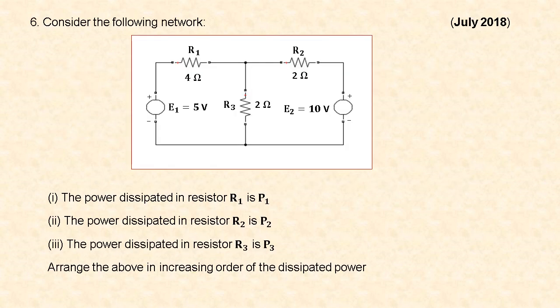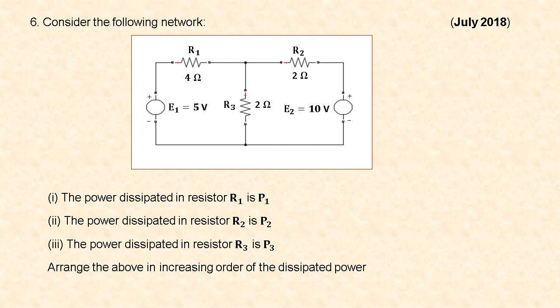Next question. This question was asked in July 2018. Consider the following network. They are given the circuit. It has two independent voltage sources, E1 is equal to 5 volt, E2 is equal to 10 volt, and resistor R1 is equal to 4 ohm, R2 is equal to 2 ohm, R3 is equal to 2 ohm. First, the power dissipated in resistor R1 is P1.